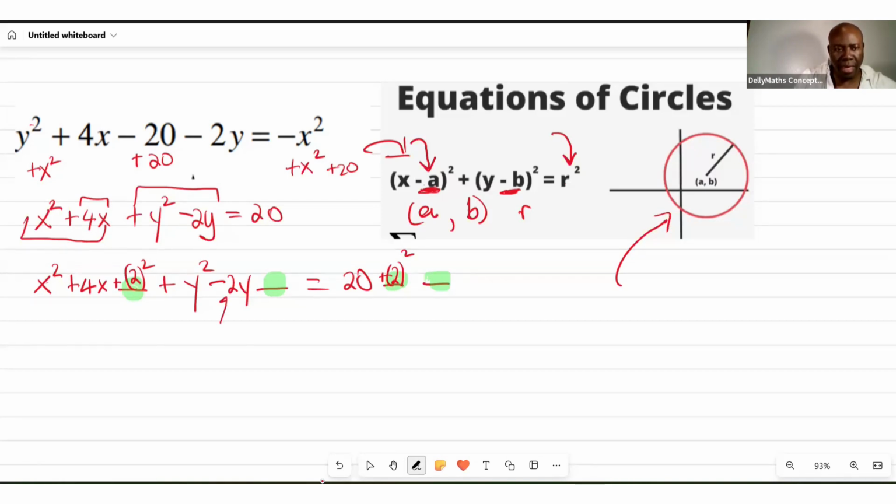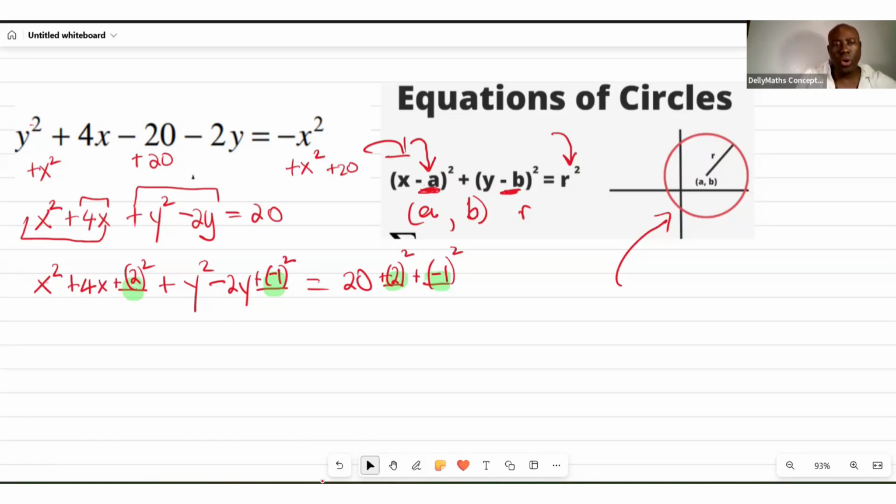For here, a half of this is going to be negative 1. So I'm going to add negative 1 squared, and I'm going to add negative 1 squared there as well.